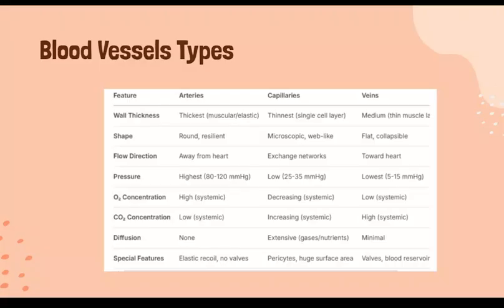We don't take the waste. There's no diffusion that happens here. And the special features are that it has an elastic recoil, and it has no valves at all. And then capillaries are basically the small vessels that connect the arteries to the actual cells.